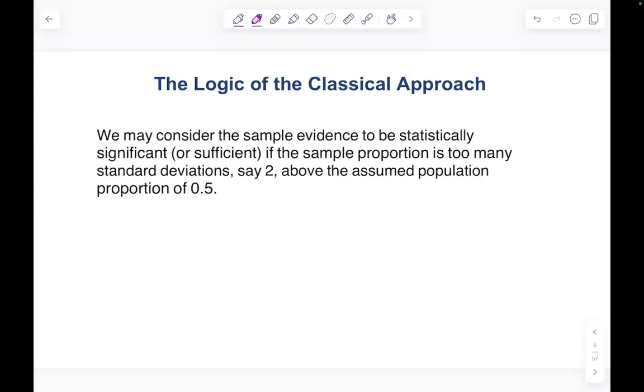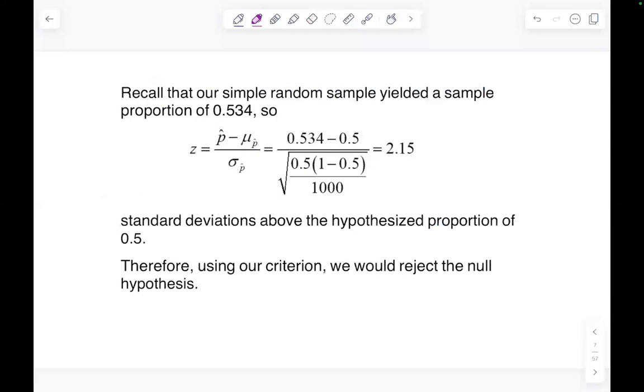So if this one is more than 2 standard deviations away, then we can say that it is statistically significant and we reject the null hypothesis. Here my Z-score is 2.15, which is more than 2 standard deviations away. Therefore, we reject the null. I will slow down once we get to the new stuff.